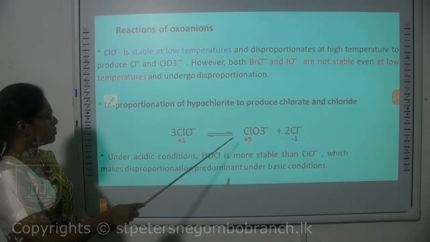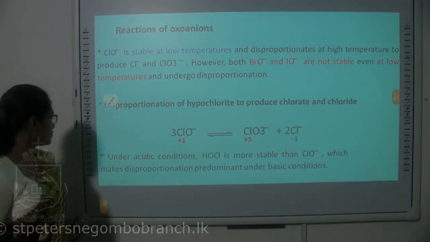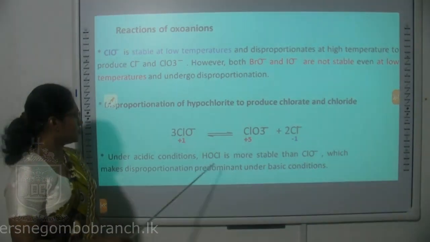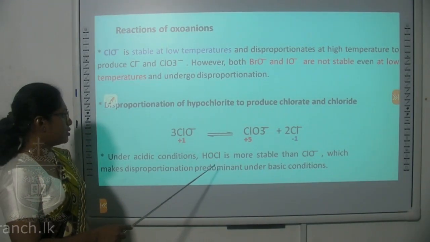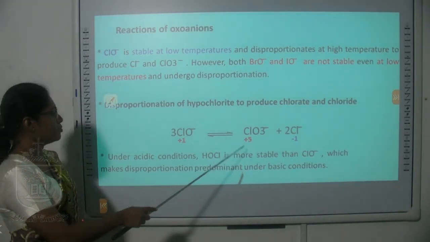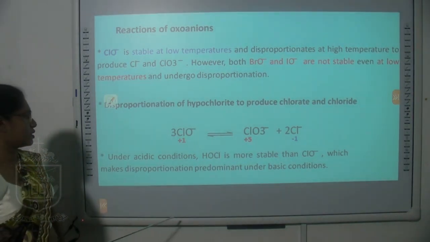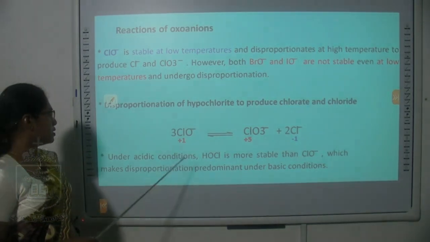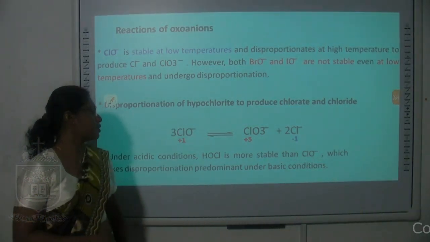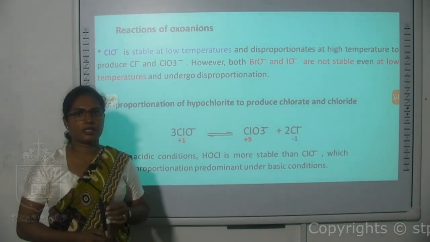Hypochlorite produces the chlorate ion. And if we consider this reaction, this ion is more stable in acidic conditions. So this disproportionation predominates under basic conditions.